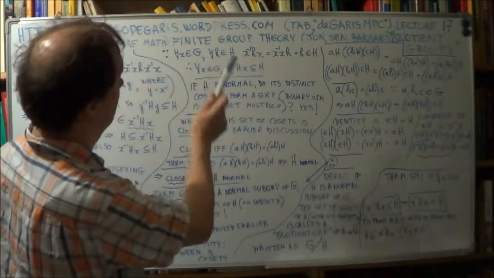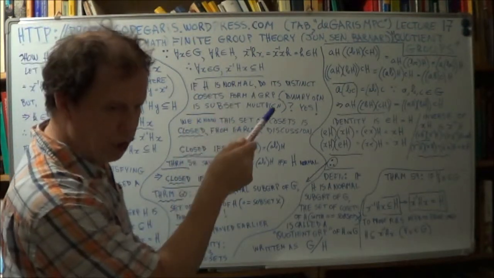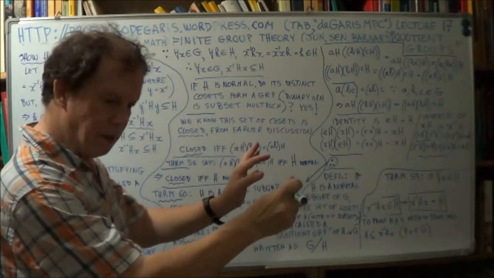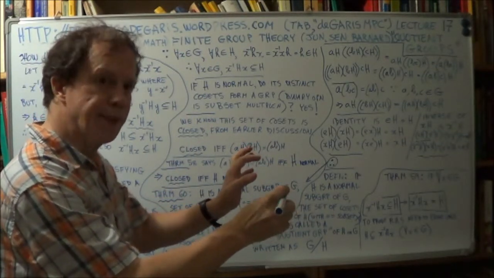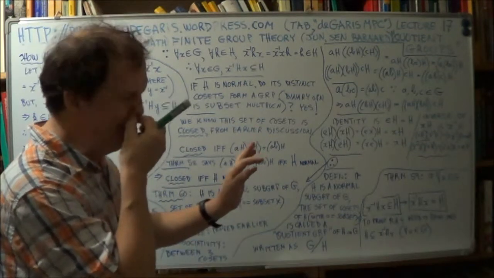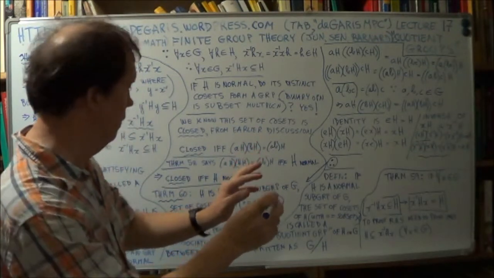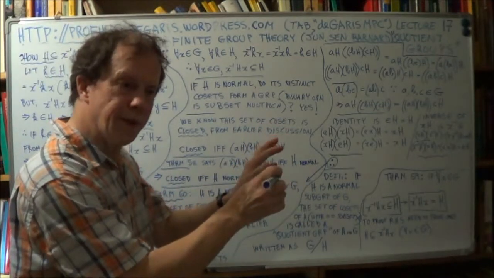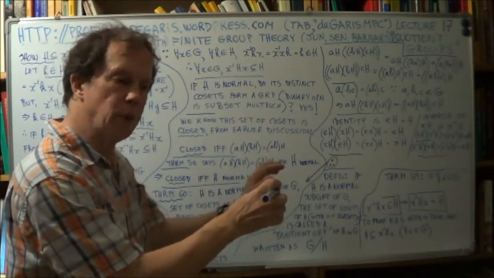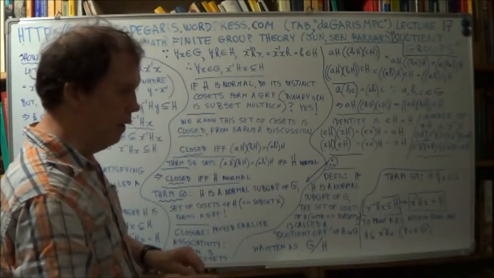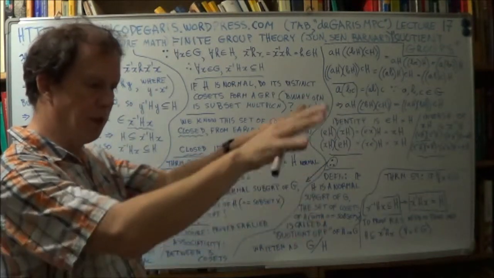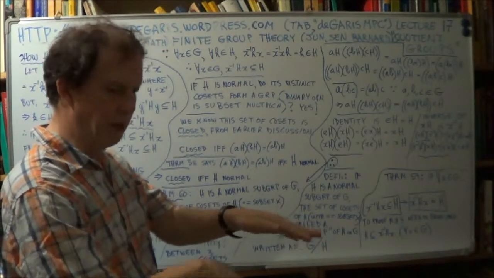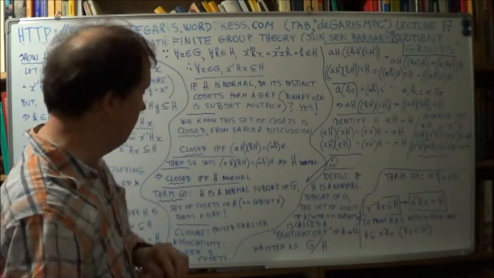So to get closure, when we took cosets, we used what I called subset multiplication to take two cosets and multiply them together to get usually another coset. Right?